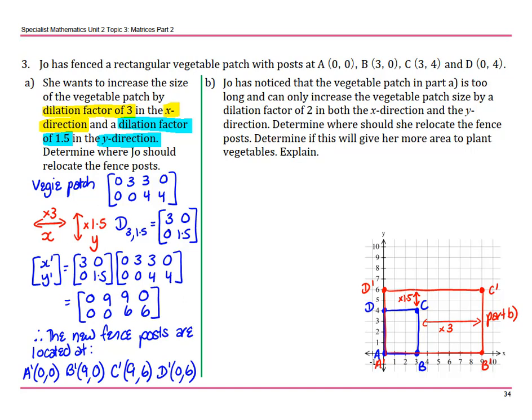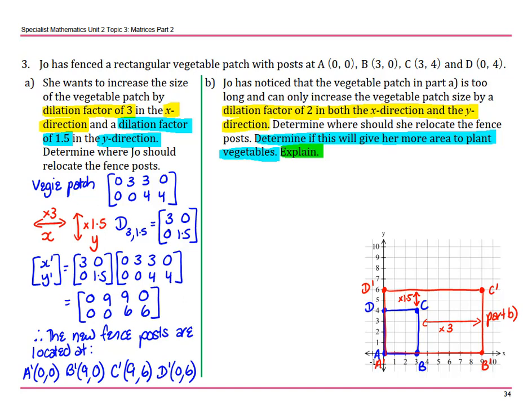It says Jo has noticed that the vegetable patch in part A is too long and can only increase the vegetable patch by a dilation factor of 2 in both the x and y direction. Determine where she should relocate the fence post. Determine if this will give her more area. There's another part of it to plant vegetables, and it says to explain.